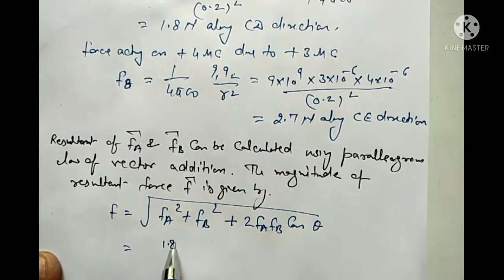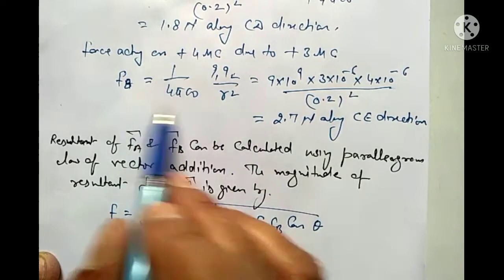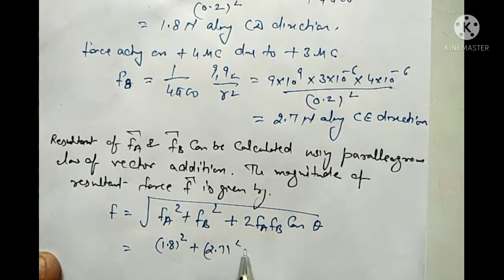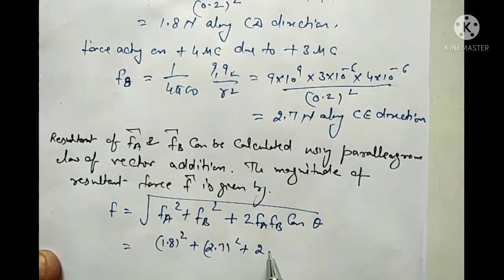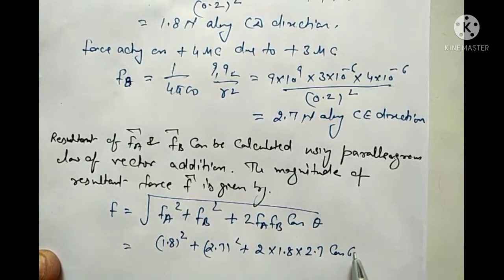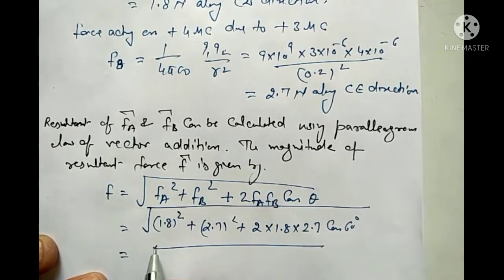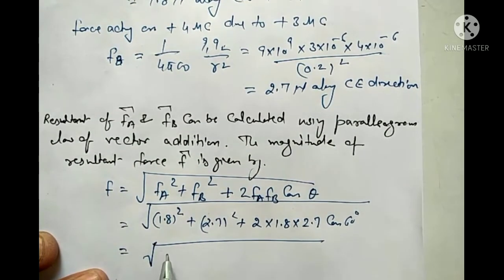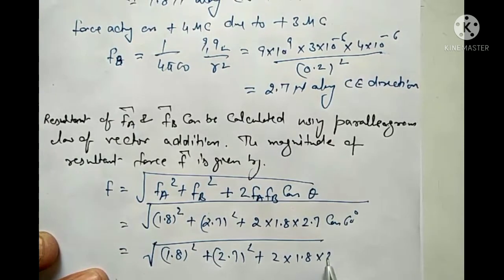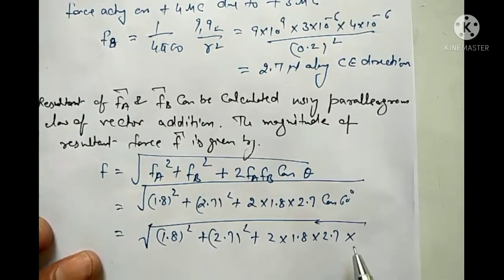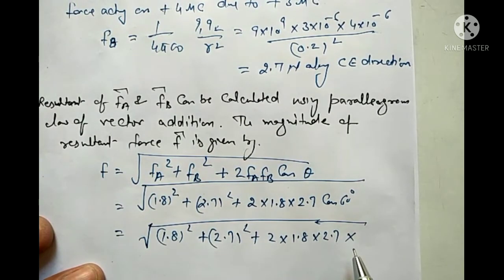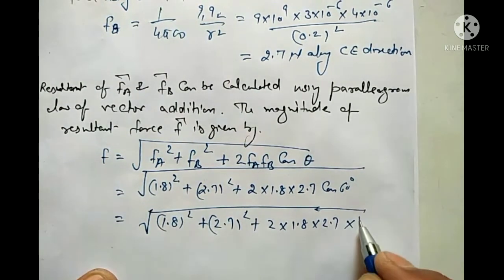So F is equal to square root of 1.8 square plus Fb 2.7 square plus 2 times Fa 1.8 times Fb 2.7 times cos 60 degree. This is equal to square root of 1.8 square plus 2.7 square plus 2 multiplied by 1.8 multiplied by 2.7, and we know that the value of cos 60 is 1/2.